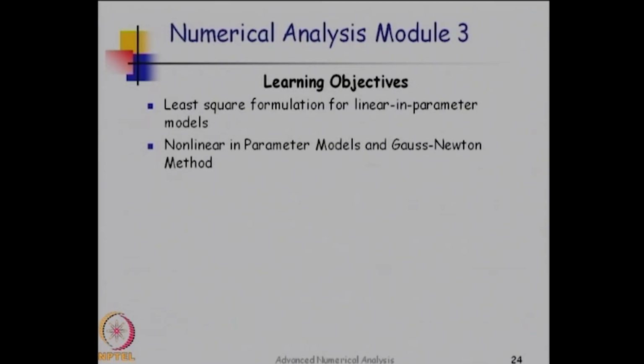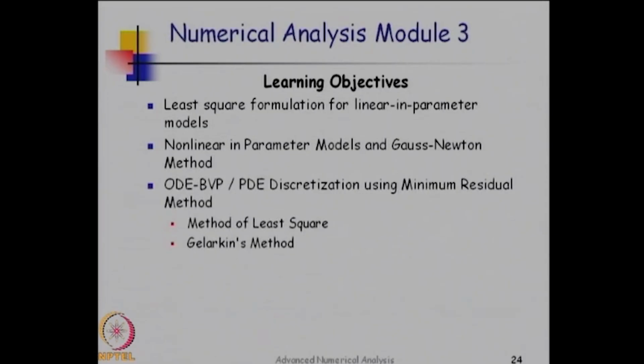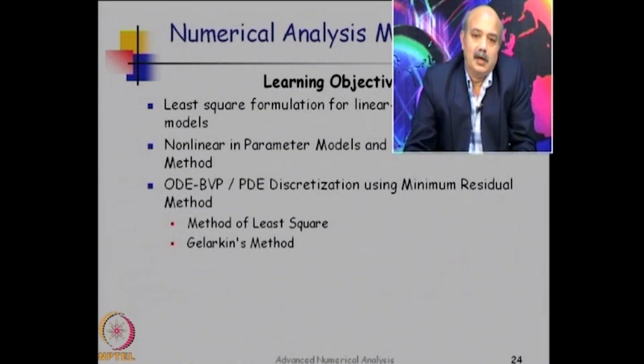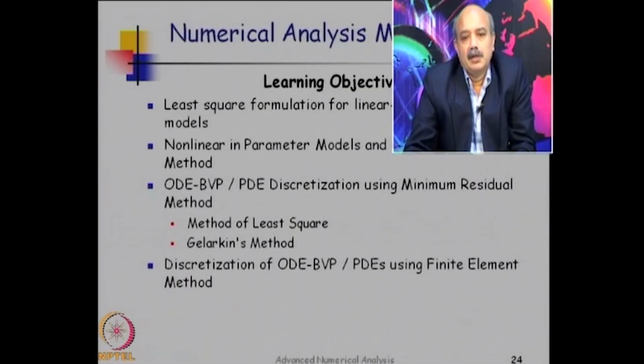We are going to look at this method and then finally move to problem transformations, which we have already been looking at, that is, how do you transform a boundary value problem, or how do you discretize a partial differential equation using the method of least squares. So these methods are known as minimum residual methods. A popular method in this class is the Galerkin method, and we'll study this method.